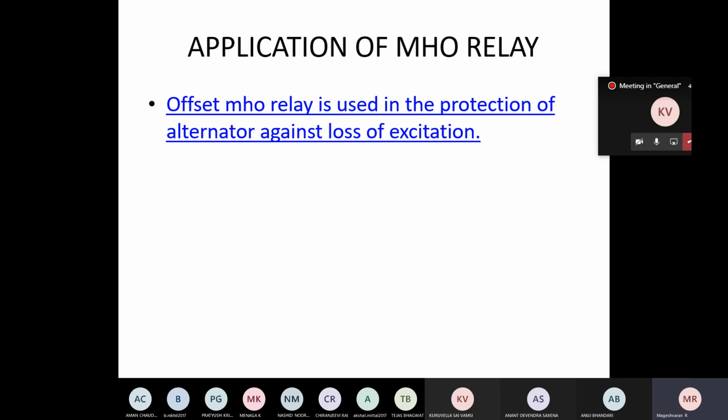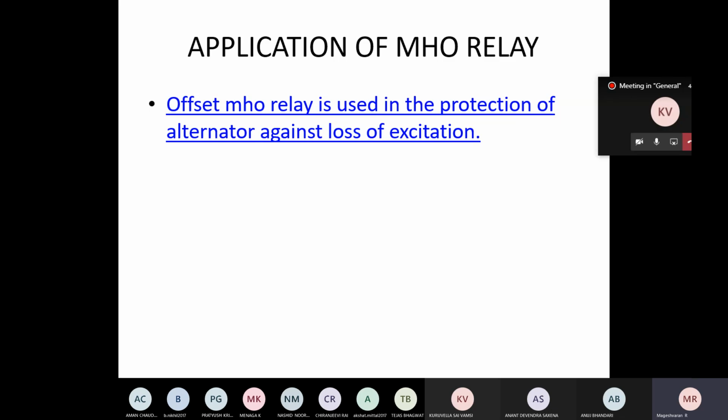But even though they are supporting, your terminal voltage will drop a lot, while the current in the stator windings will increase. This causes a sudden decrement in the impedance; Z will decrease.